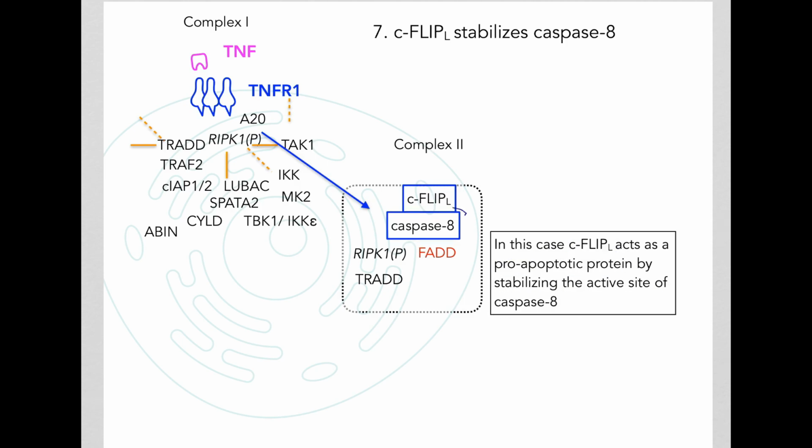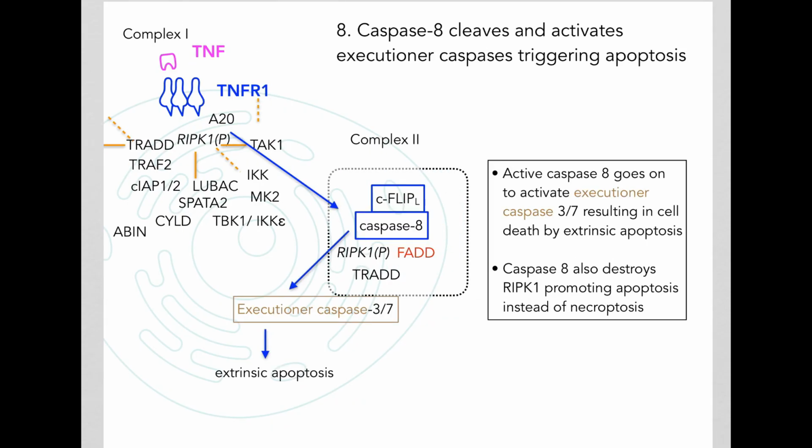So we have this active caspase 8 now, and this active caspase 8 will now go on to cleave and activate executioner caspases 3 and 7. Okay, so now the extrinsic apoptosis pathway will cause the activation of executioner caspases 3 and 7, which will then go on to carry out apoptosis.